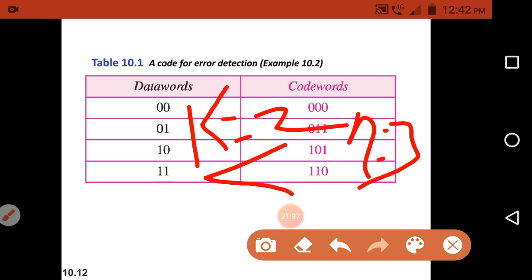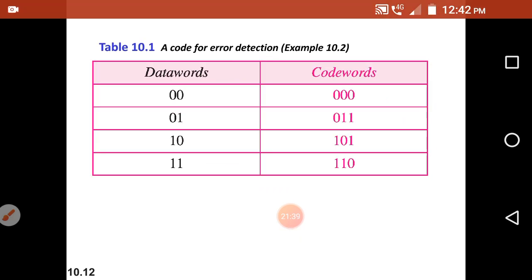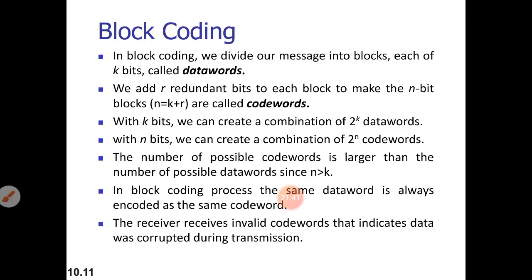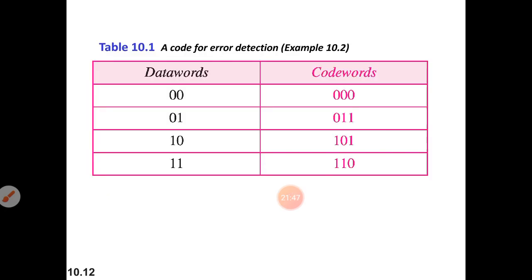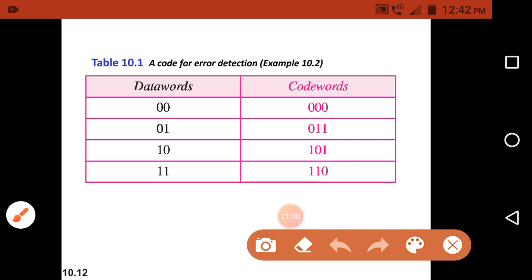That is what they have mentioned in block coding: the same data word is always encoded as the same code word. So in the block coding process, a given data word is always encoded into the same code word.